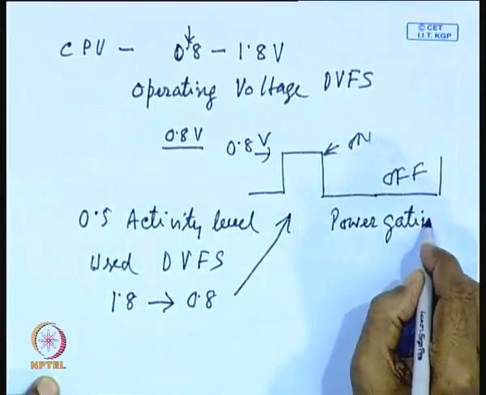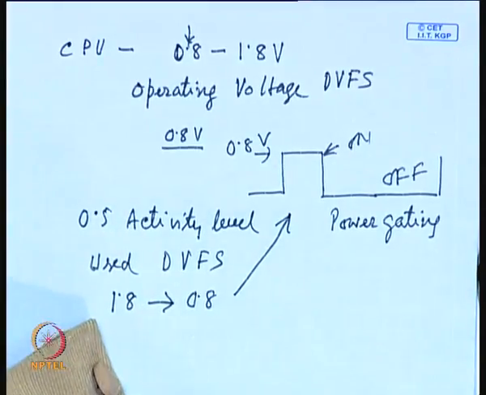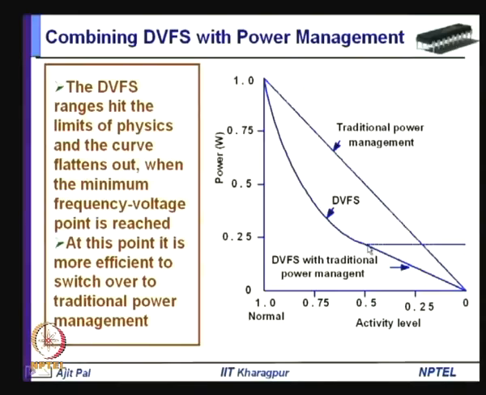So, you are combining two techniques. Up to this point, which corresponds to where the voltage level has reached its limit, 0.8 in this particular example, and beyond this, since you cannot reduce the supply voltage, you will be doing power management. So, you will control the duty cycle for power management, that means, the on time of the CPU will be controlled depending on the activity level.